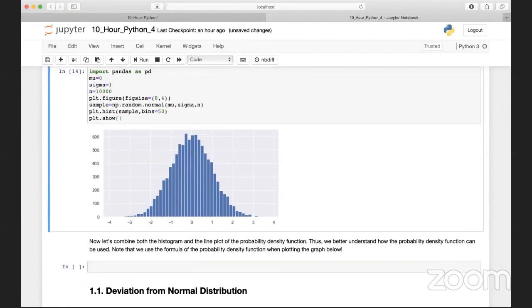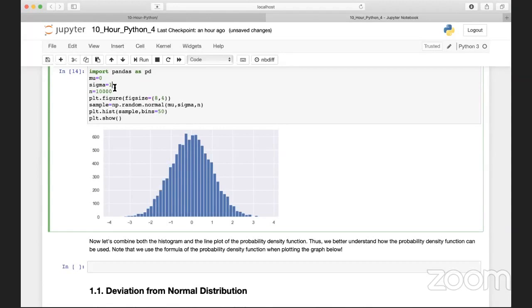Here is what I have. As you pay attention here, the mu is 0 and sigma is 1, which is a special case of normal distribution, and it is called standard normal distribution. If I have a normal distribution with a mean of 0 and standard deviation of 1, then it is called standard normal distribution.